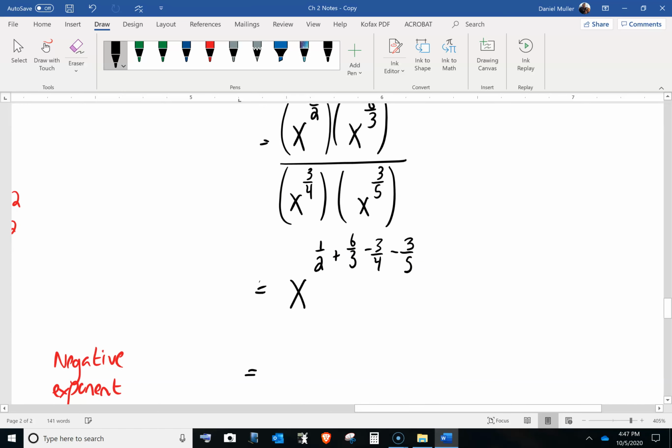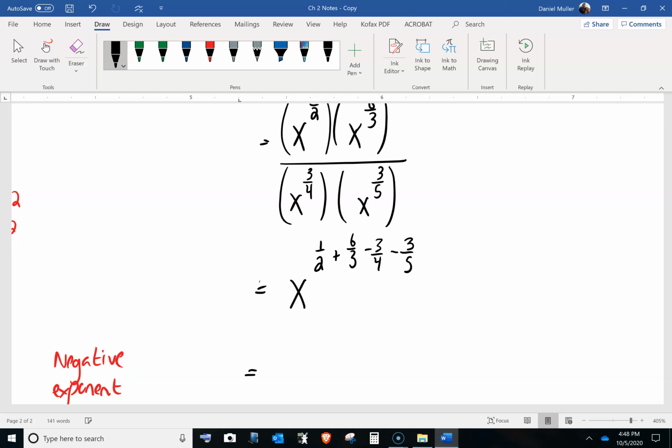So I need a common denominator between 2, 3, 4, and 5. Now, I know the common denominator between 4 and 5 would be 20. Does 3 go into 20? No, it doesn't. So if it's 20 times the 3, it's 60. So 5 goes into 60 12 times. 4 goes into 60 15 times. 3 goes into 60 20 times, 2 goes into 60 30 times.